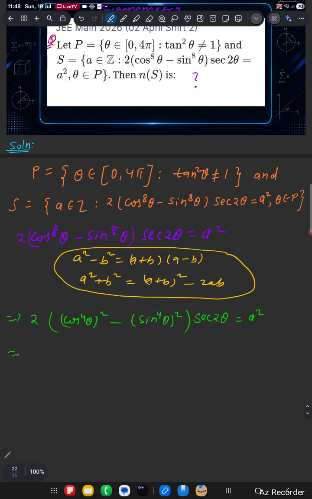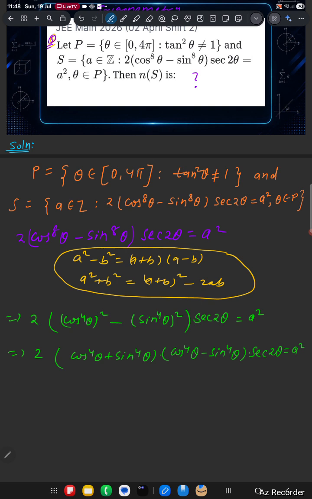So now we will use the a square minus b square identity. So this will become cos 4 theta plus sin 4 theta into cos 4 theta minus sin 4 theta into sec 2 theta is equal to a square.